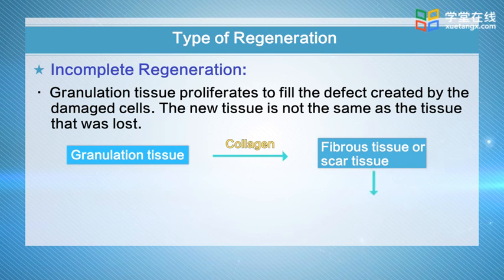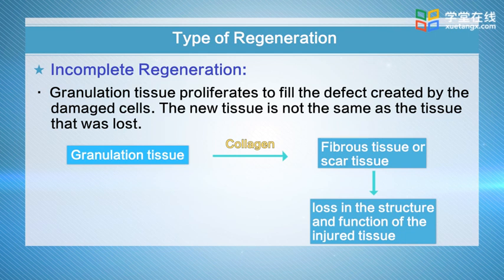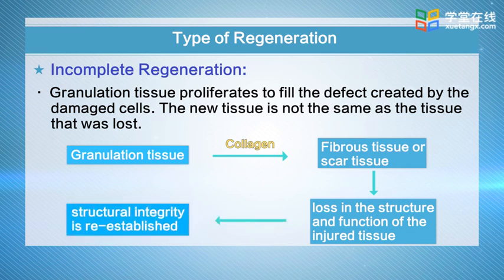This incomplete regeneration will lead to a loss in the structure and function of the injured tissue. Despite the loss of parenchymal cells and some architectural distortion caused by the fibrous scar, structural integrity is re-established.